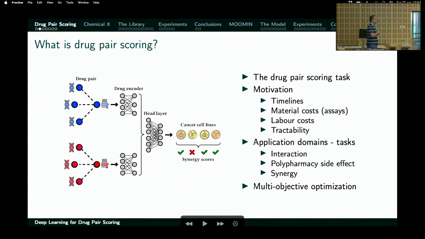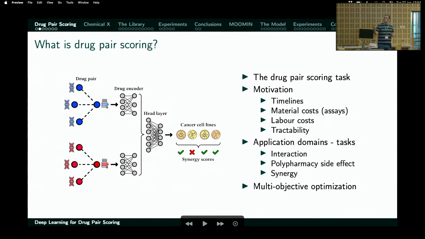And the way you do it at a very high level is that you have an encoder for which you input features of the drugs and some biological context. Then, after you have input everything, this trunk of the model outputs some sort of representation, which you can reuse later on.